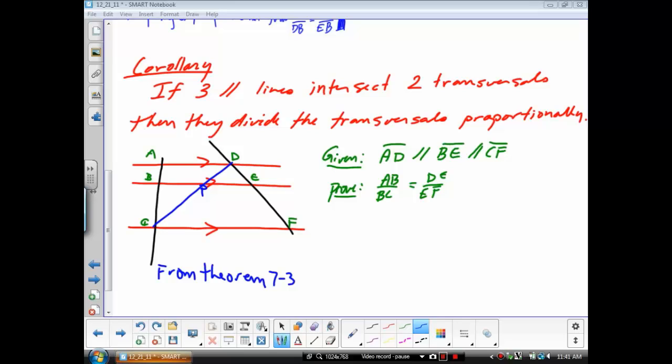So it must divide those two segments proportionally. When a line is parallel to one side of a triangle and intersects the other two, it has to divide them proportionally. So, from that theorem, I know that AB will be to BC as DP is to PC.